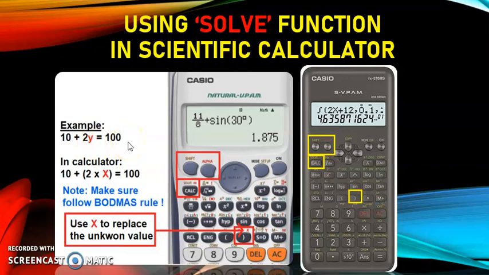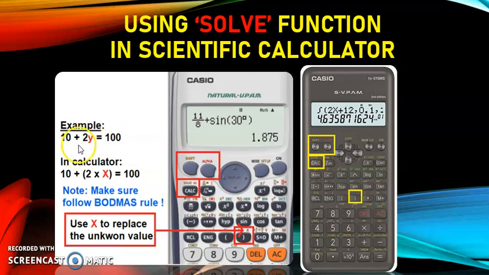If you want to find the value of y directly using the calculator, first you must know the BODMAS rule. BODMAS is brackets, order, division, multiplication, addition, and subtraction. For example, 10 plus 2y: 2y means 2 multiplied by y.